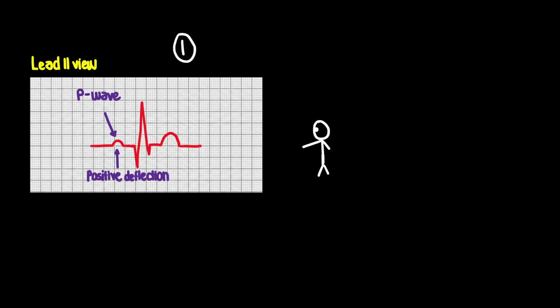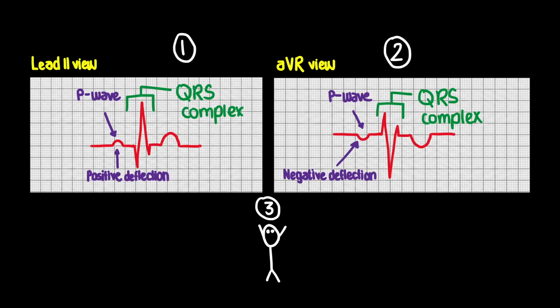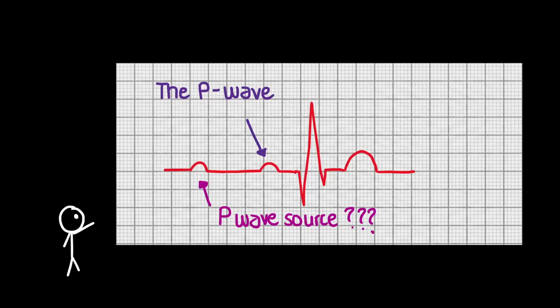The P wave is upright in lead 2. 2. The P wave is inverted in AVR. 3. Every P wave is followed by a QRS complex. All 3 must be present, not 2 out of 3. An ectopic atrial focus can produce P waves, and other rhythms can produce P waves. The shape tells you the source.